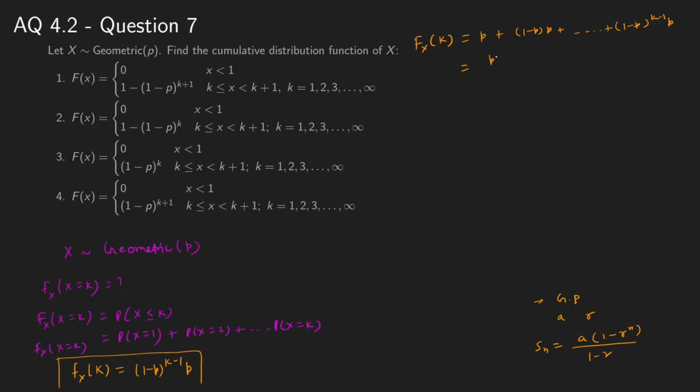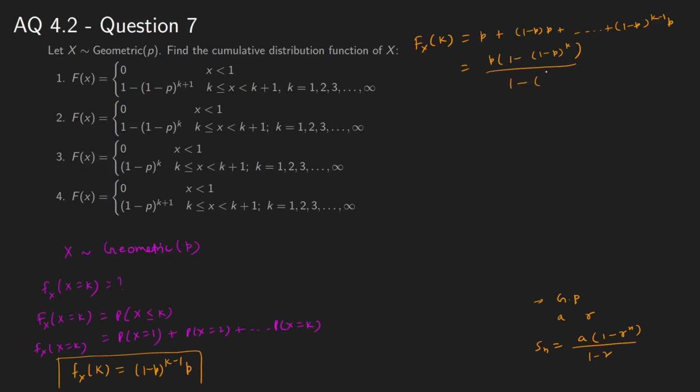So what are the first term and common ratio in our geometric progression? The first term is clearly p, and the common ratio is 1 minus p, because 1 minus p is being multiplied each time. So r, that is 1 minus p, is raised to the power of the number of terms we are adding. We are adding the first k terms, so n equals k in this case. So raised to the power k, divided by 1 minus r.